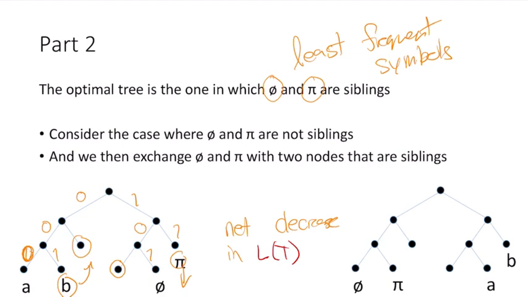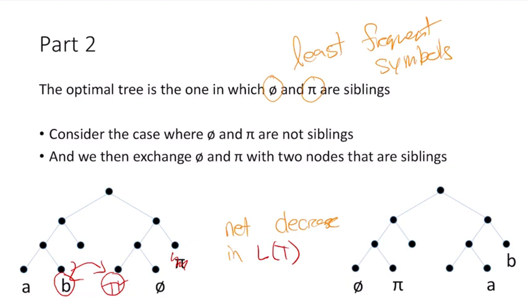There is one little extra bit to note here, and that's what if I was comparing, for example, what if pi was here and they were both at the bottom of the tree and not here? Or actually, rather, let me swap these two so that A was a sibling of pi and B was a sibling of phi.